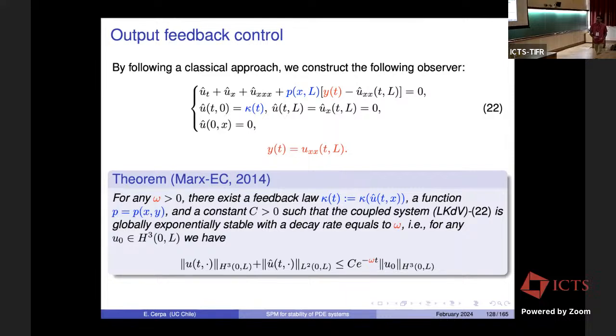Your control is not anymore depending on X, but on the observer X hat. And you can prove that the system is behaving like this: we have exponential decay to 0 of the solution, and the observer is exponentially approaching the trajectory U.